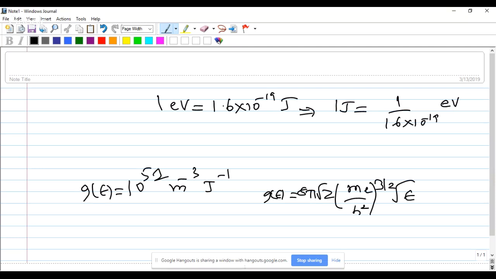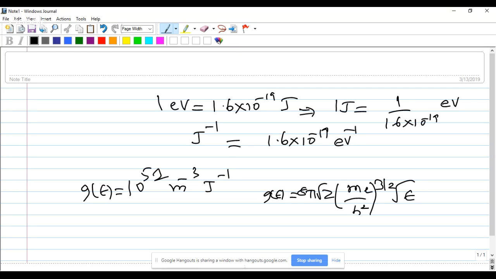And the question says joule inverse, so you take inverse on both sides. So joule inverse is just electron volt inverse. So wherever I have joule inverse, if I want to convert it to electron volt inverse, I have to multiply by 1.6 times 10 power minus 19.